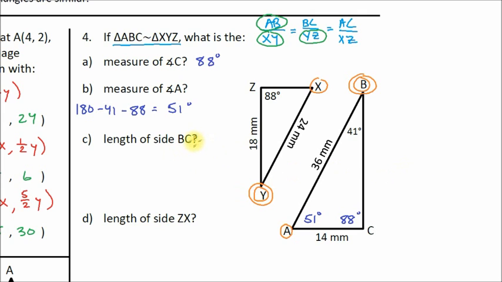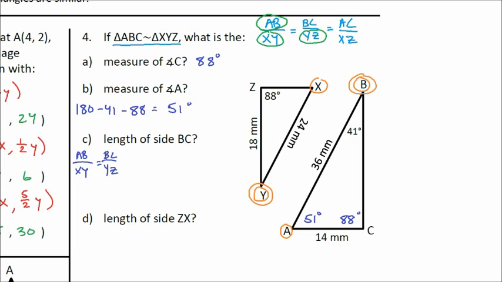Okay, what is the length of side BC? Well, we can use our proportionality statement to solve for that. I'm going to set this up. I know I'm going to use the ratio AB over XY, and that's going to be equal to, well, I'm looking for BC, so I'm going to use my second ratio, BC over YZ.